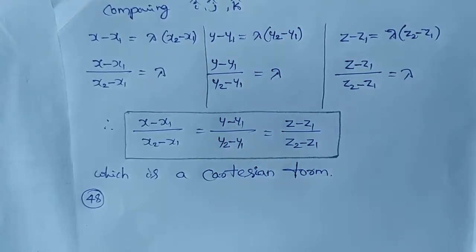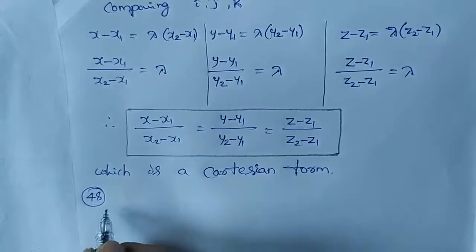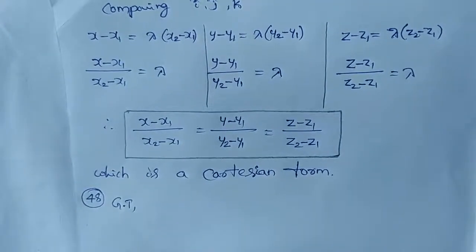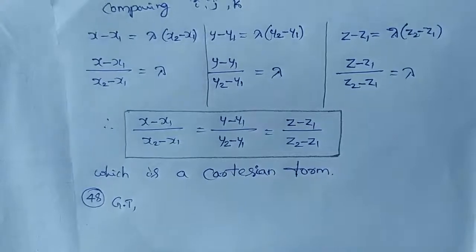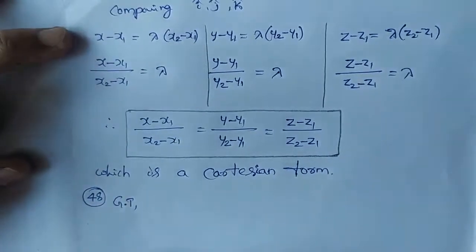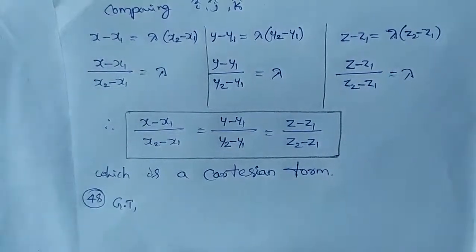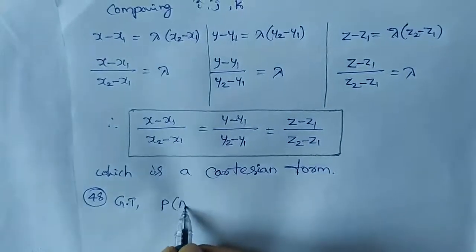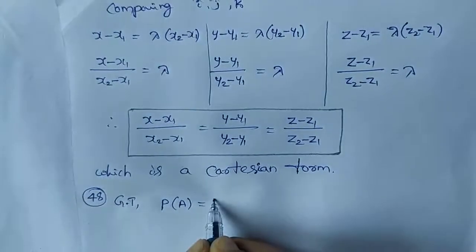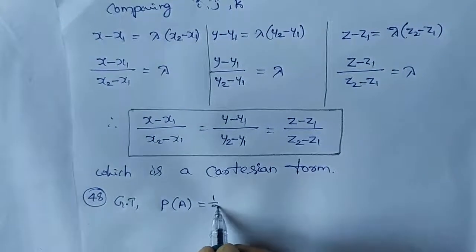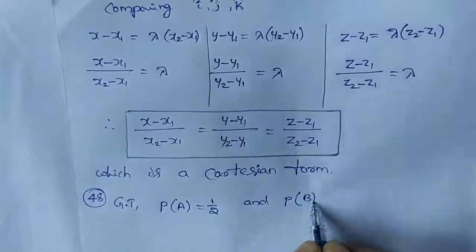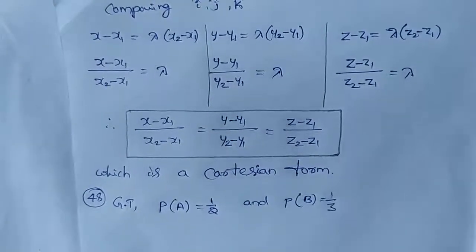So for this question, first write down the given things. Given that the probability of solving a specific problem independently by A and B are 1 by 2 and 1 by 3. Probability of A is 1 by 2 and probability of B is 1 by 3.